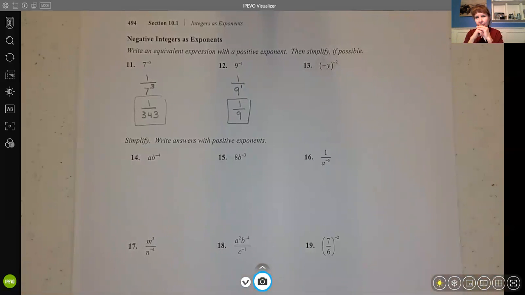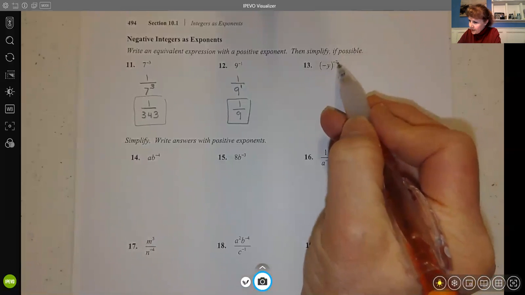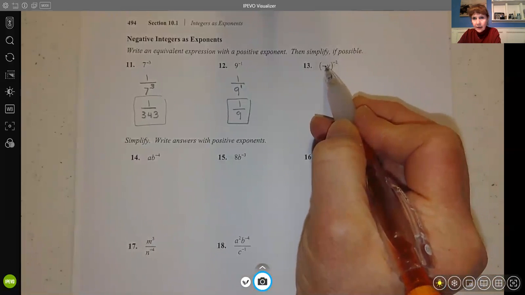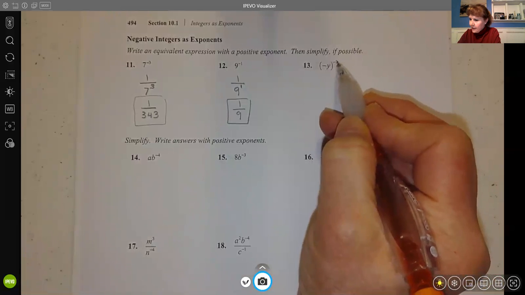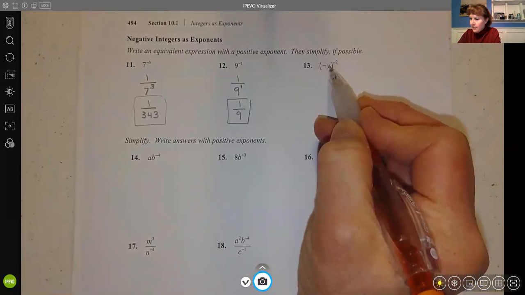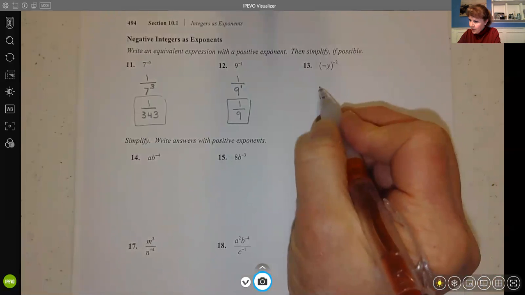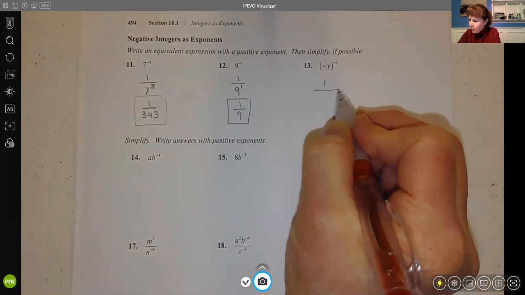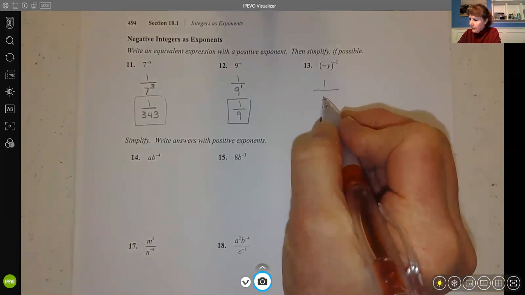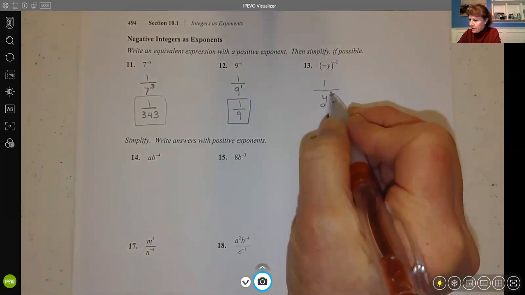All right, so here, this 2 gets rid of the negative, and this negative exponent puts it in the denominator. So we'll have 1 over y squared.